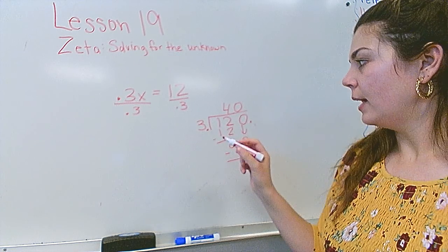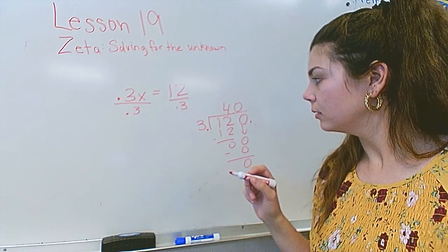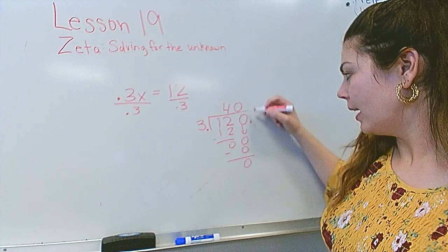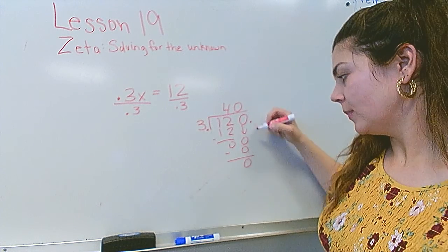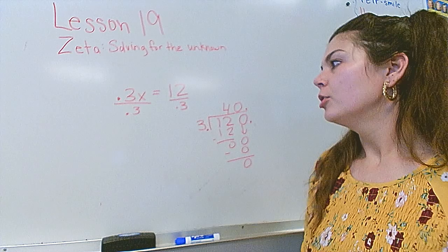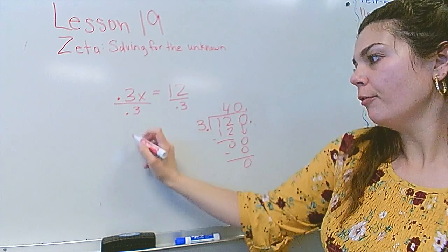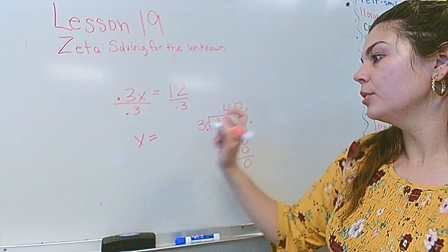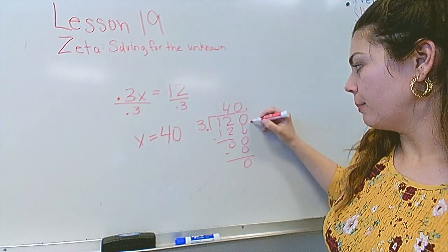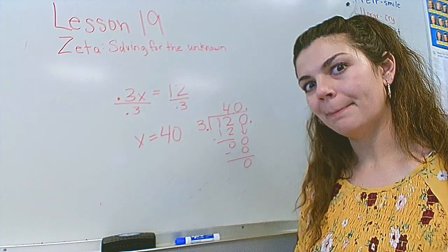Okay, now can I not move any more up? Nope, and I'm done with my problem, so that means my point goes at the end. So how many 0.3's go into 12? X equals 40. A solid 40. My point goes up here. My problem is done. My point just shoots right up.